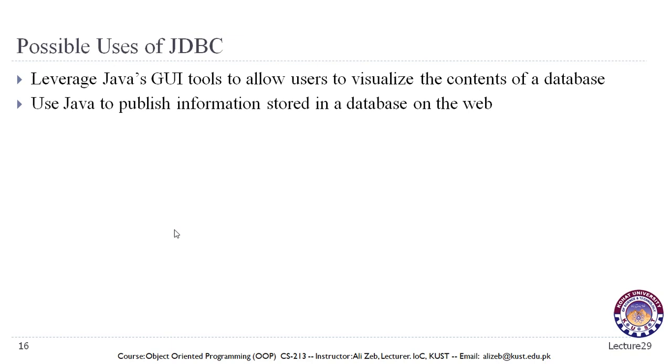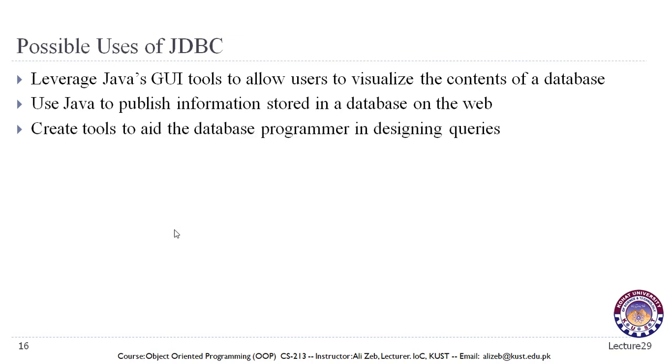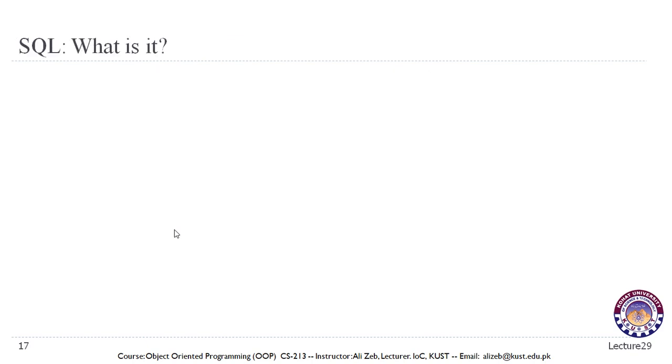Use Java to publish information stored in a database on the web. We can connect the database to the web through Java. Create tools to aid the database programmer in designing queries, or we can create queries for our database using JDBC. SQL, we'll have a brief look before we go into the detail of how we can establish a connection in our program.